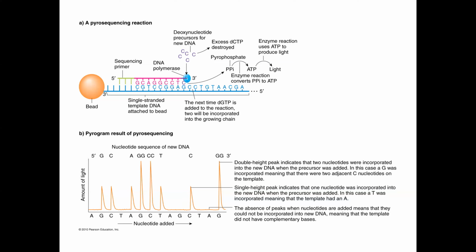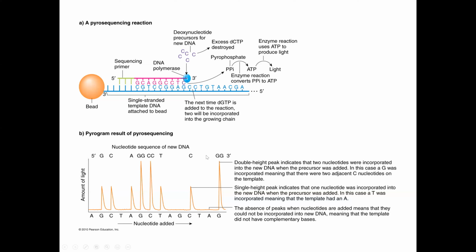Again, I don't know how many people really use it now, but I think it's interesting to talk about because you can see this is one of our first techniques that's called sequencing by synthesis, which basically, in my mind, means you're kind of watching this happen and recording the nucleotide you added at the time that you added it. So to me, that's a pretty cool kind of technology.